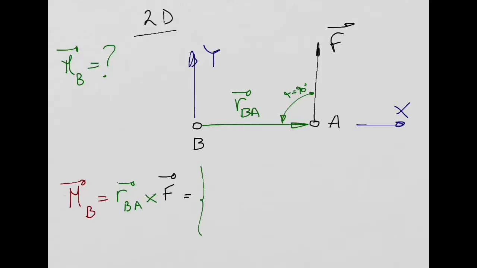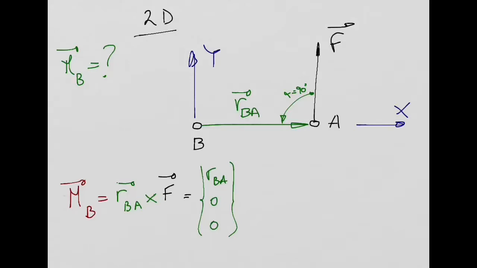In this example, I made it so that the position vector is aligned with the x-axis. So I only have a component in the x direction, which I will call RBA. Then in the y direction I have 0. In the z direction I also have 0, right?